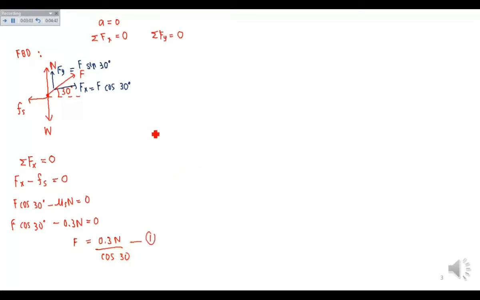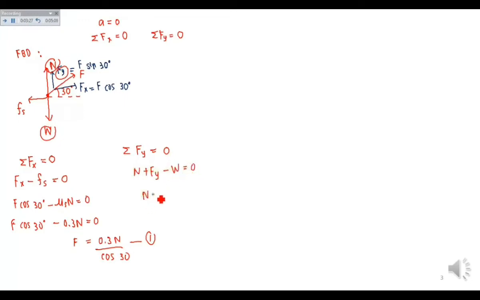Okay, so now let's resolve into y component. Summation Fy equals 0. Forces acting in y direction, we have N, we have Fy, and also W. So N plus Fy minus W equals 0.